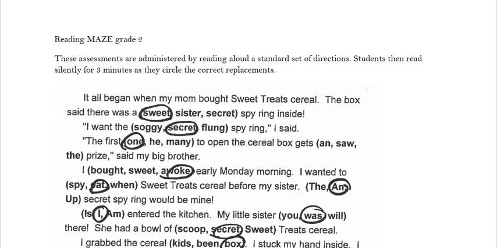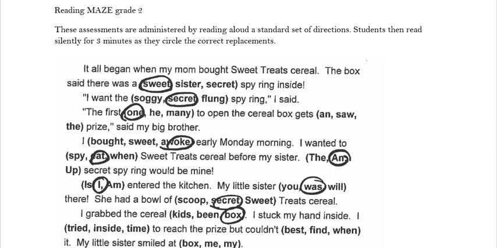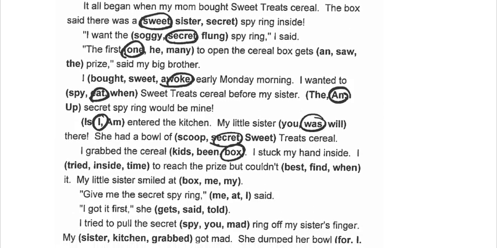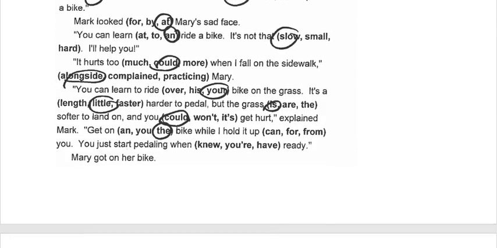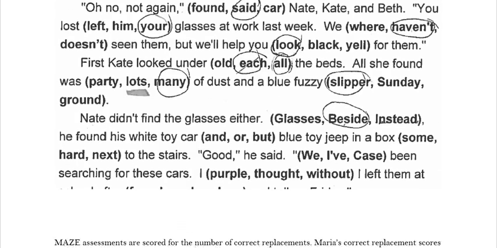The MAZE, M-A-Z-E, that doesn't stand for anything, reading probes are administered by reading aloud standard directions and then giving the students 3 minutes to read and circle the correct replacement from the set of words in parentheses. It's scored by counting up the number of correct replacements, and then we can analyze that score on norms for the MAZE reading assessment.